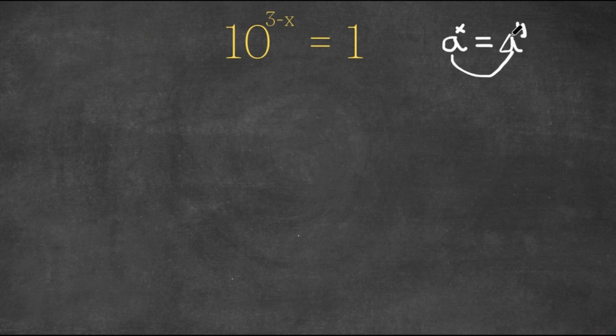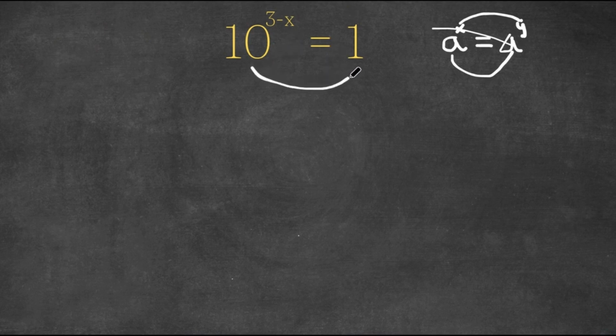Well, in this case, doesn't that mean that their exponents are the same as well? Because if they're different, then this would be wrong. They can't be different because their base is already the same, meaning their exponents have to be the same as well. So if we were to change the bases so that they're the same, then we would know that the exponents are the same as well, so we could just set the exponents equal to each other and solve for x.